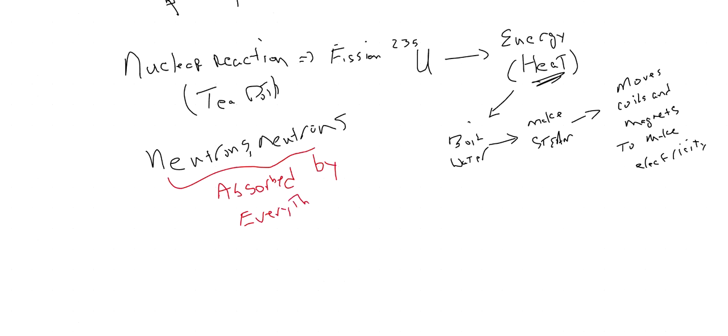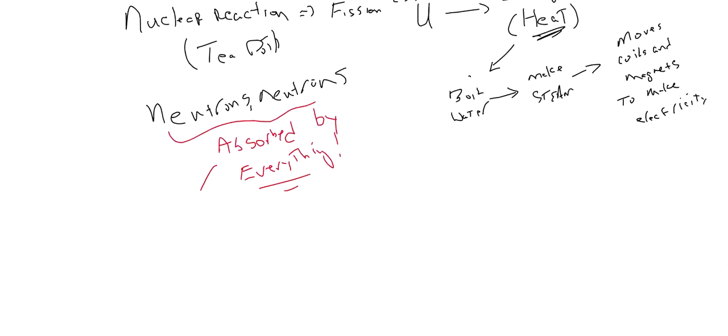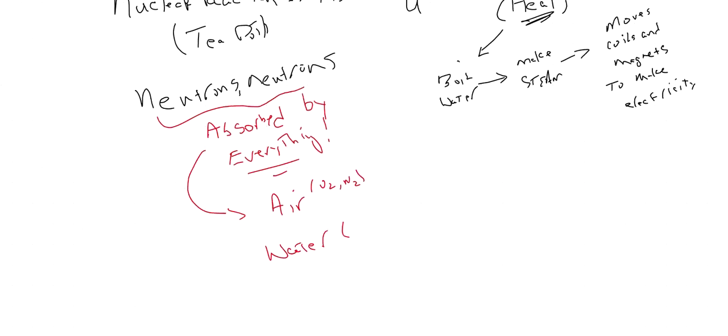What do I mean, everything? I mean, it's being absorbed by the air. Remember, air is O2 and N2 mostly, right? It's being absorbed by water because you need the water to heat up and make steam. Again, we know that's H2O.